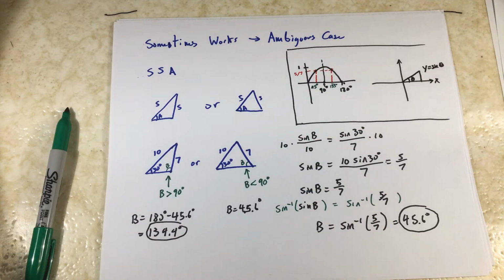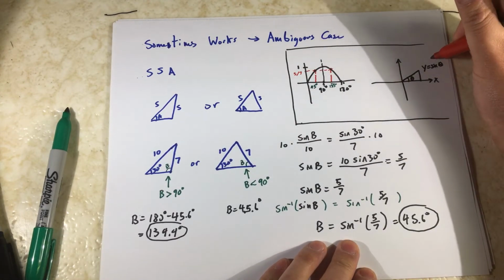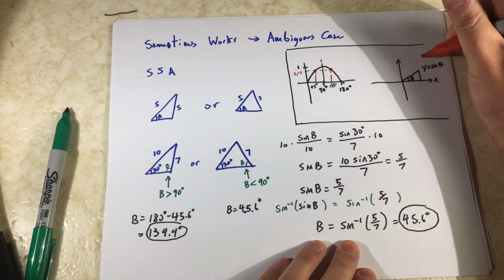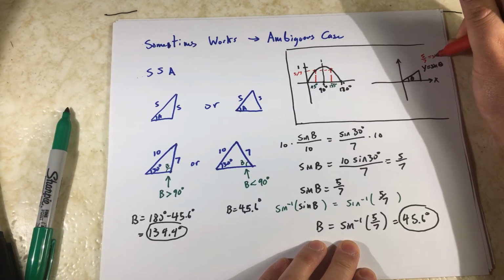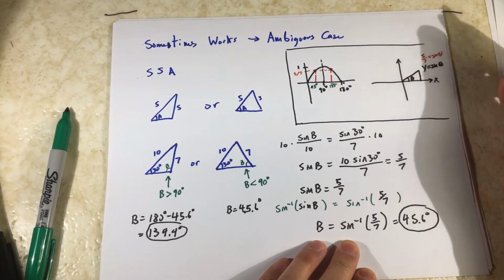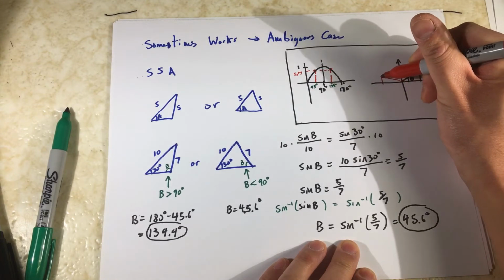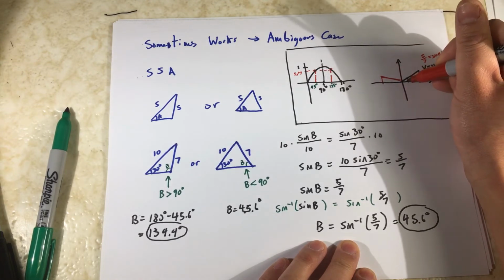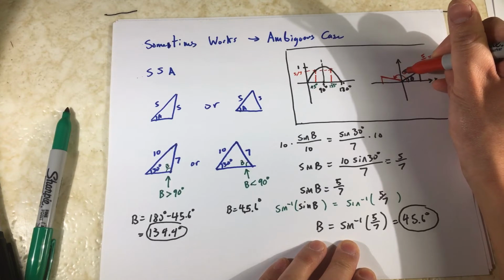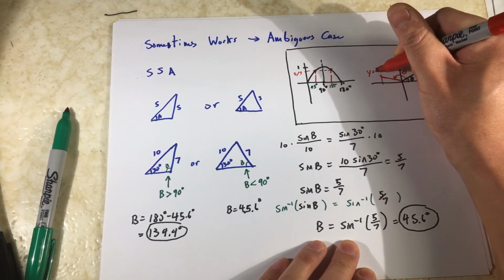So if we want y equal to 5/7, there's another angle in which that will also be 5/7, and that's when it's over here. The angle from there to there will also create a triangle where y is equal to 5/7.